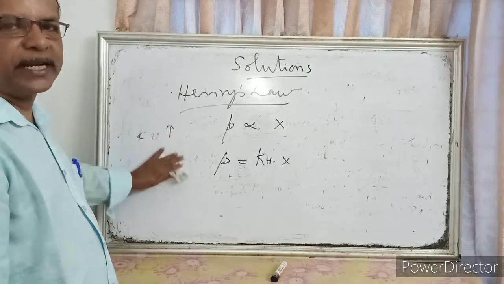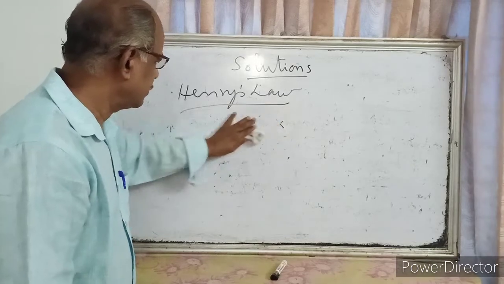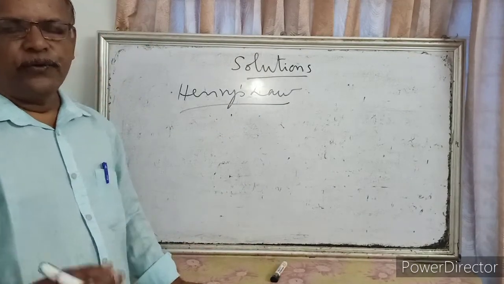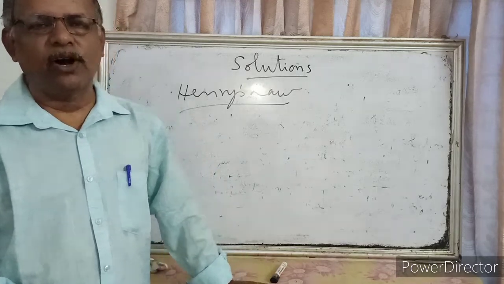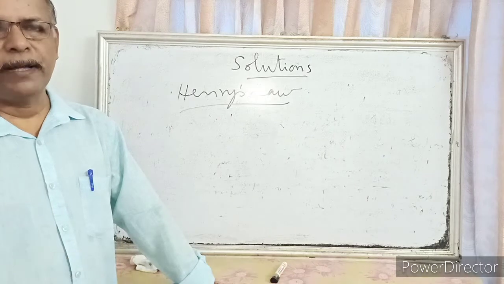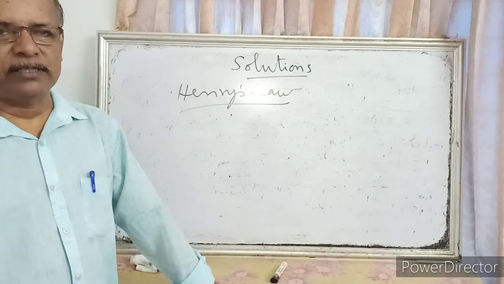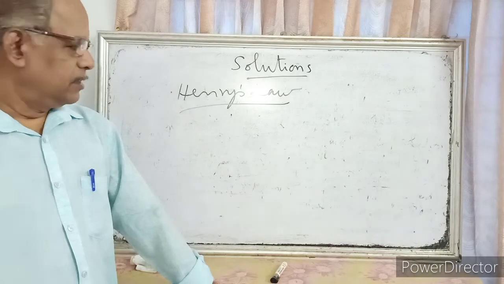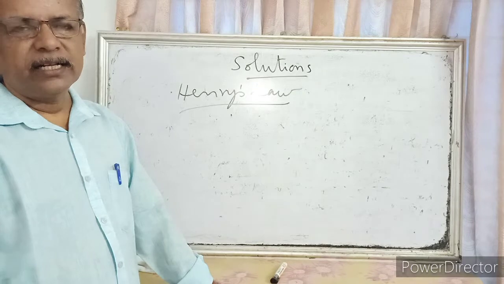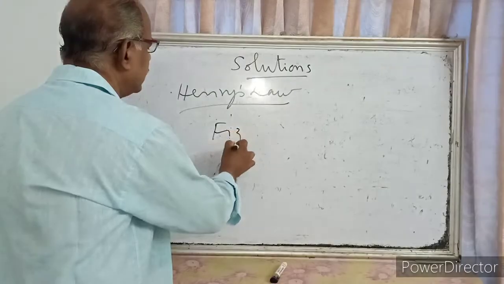So coming to applications of Henry's law. First one is, you are preparing soda water by dissolving carbon dioxide in water under pressure. So when you apply pressure over water and pass carbon dioxide, it dissolves in water. So when you suddenly open a soda bottle, the water will fizz out. F-I-Z-Z.